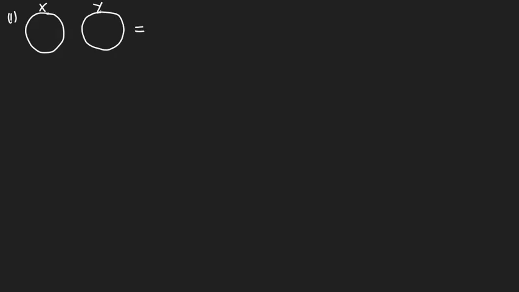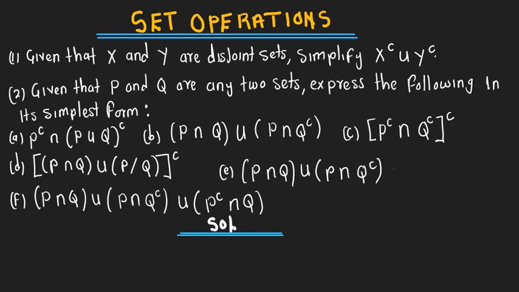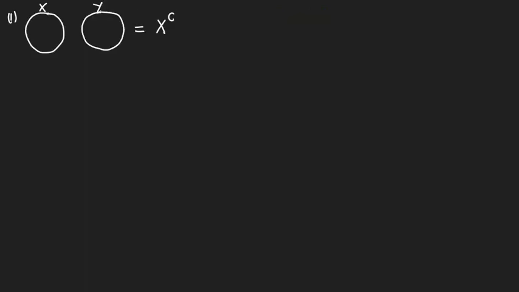Then we have been taught that we simplify this. How do we simplify x complement union y complement? Well, to simplify this, use De Morgan's law. So you have x complement union y complement. This is just the same as x intersection y, complement.